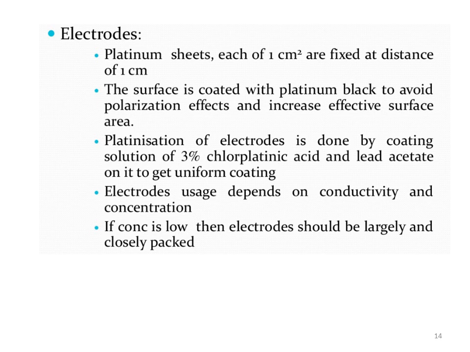Platinization of electrodes is done by coating a 3% solution of chloroplatinic acid. 3% means if we have 100 ml, then we have 3 ml of chloroplatinic acid and 97 ml of water.